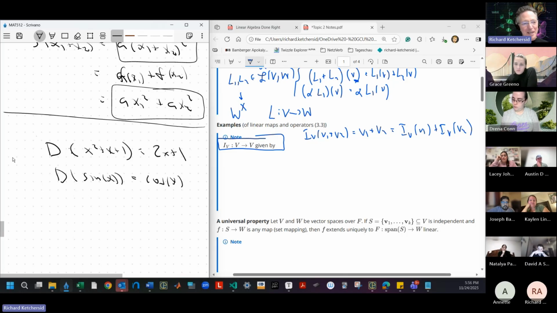It's important to know examples. Don't forget the math you're supposed to know, because we need lots of examples for the class. Okay, differentiation is definitely a good one, but this isn't the only one.